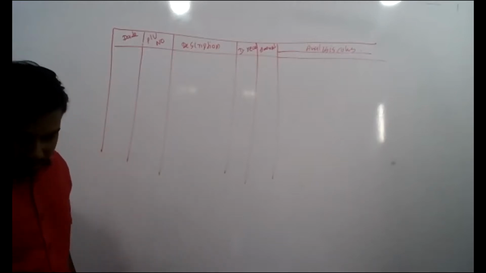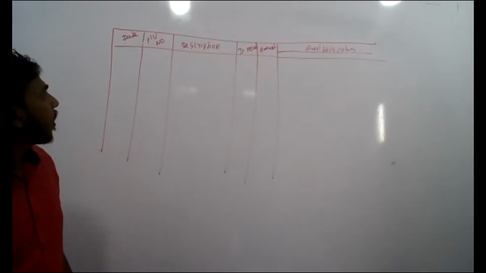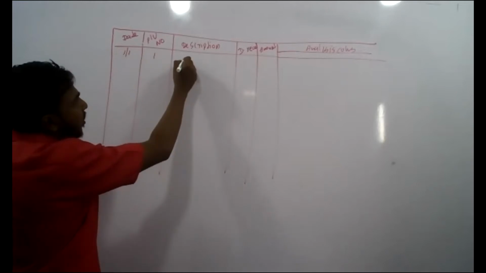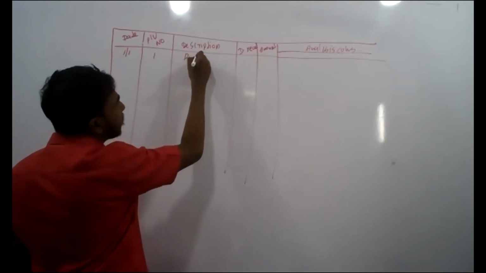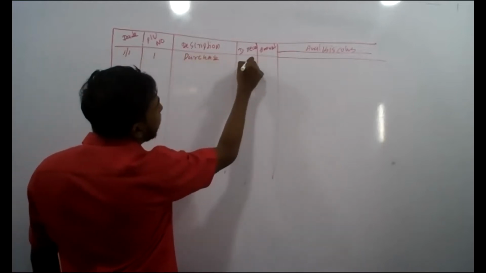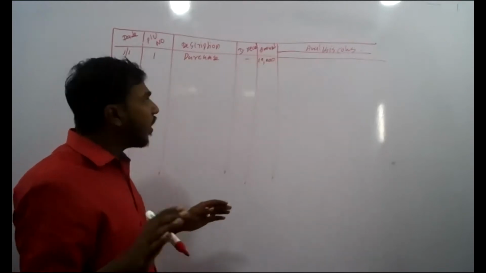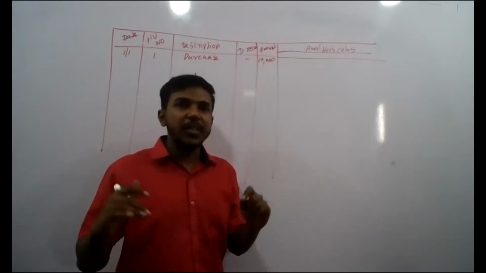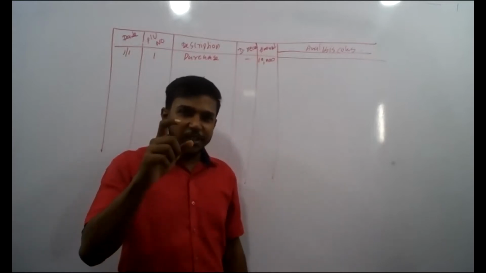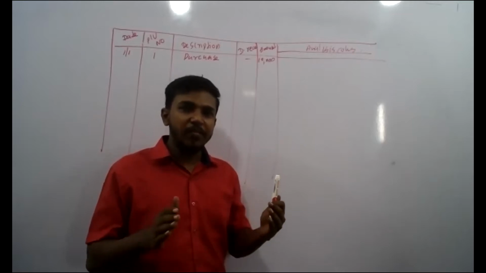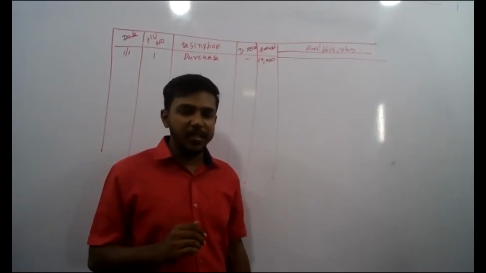What we are supposed to do is divide the analysis columns now. We will say date is 1st of January, payment voucher number 1, description, purchases. Discount received amount is 10,000. So now we have to analyze what the cash payment is, one by one, for where we are supposed to take this.